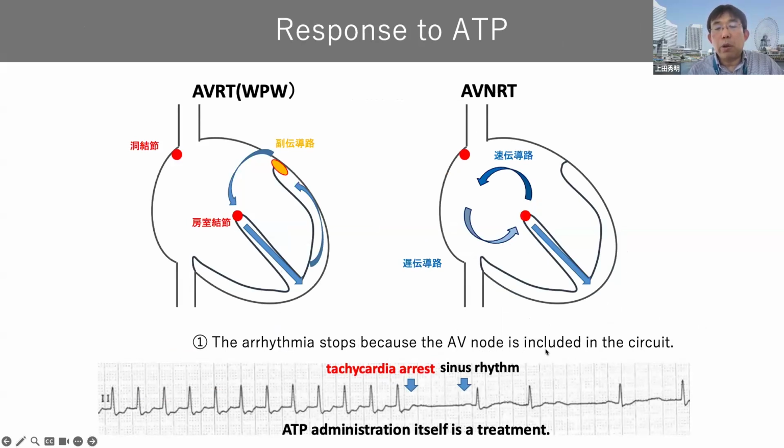The AV node delay would happen and it will not circulate anymore. Once the tachycardia stops, it returns to sinus rhythm. So in such cases, the ATP administration itself is also treatment. But in some situations, the arrhythmia recovers soon after.